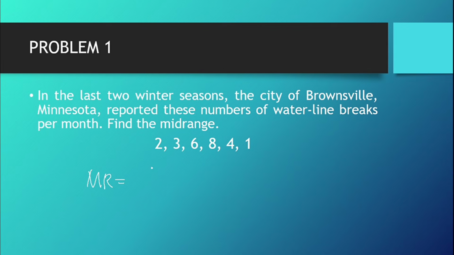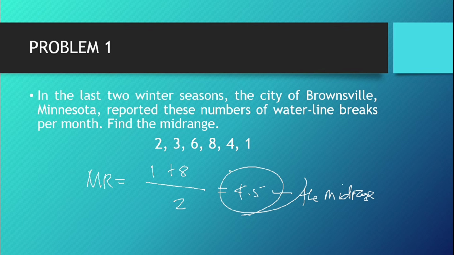The lowest value is 1, and the highest value is 8, so 1 plus 8 is 9, divided by 2, we have 4.5. Therefore, this is the mid-range of the data, 4.5: lowest plus highest divided by 2.